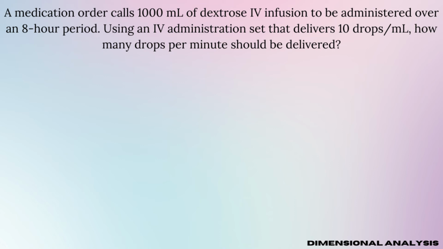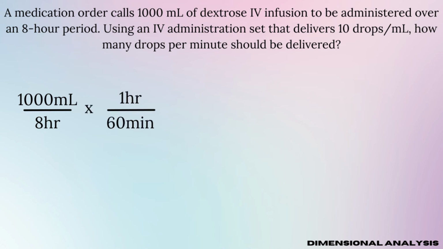Sinabi dito na merong order ng 1,000 ml ng dextrose administered in an 8-hour period. They are relative to each other, so we are going to write it like this. The answer requires us to have the time in minutes, kaya i-convert natin si 8 hours to minutes by putting 1 hour over 60 minutes on this solution.